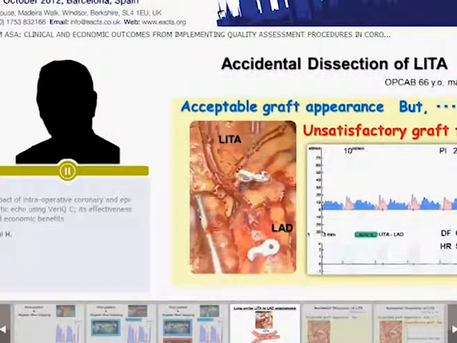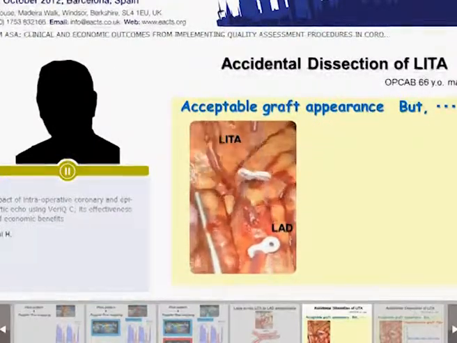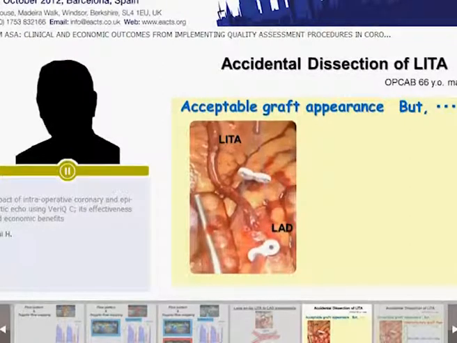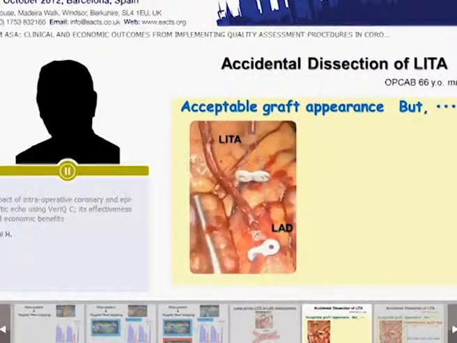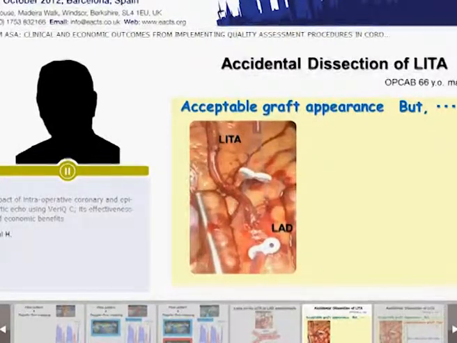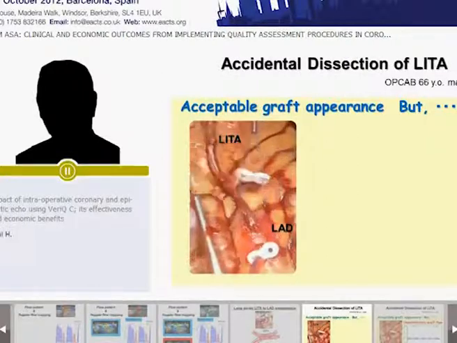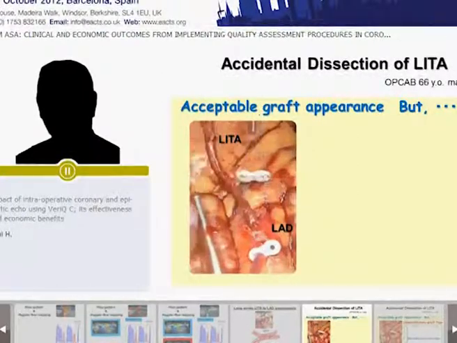Okay, this is a very interesting case. It looks like the appearance of the graft is okay, but during the anastomosis, one of the residents took down the LITA, and I found a little bit of dissection over there.